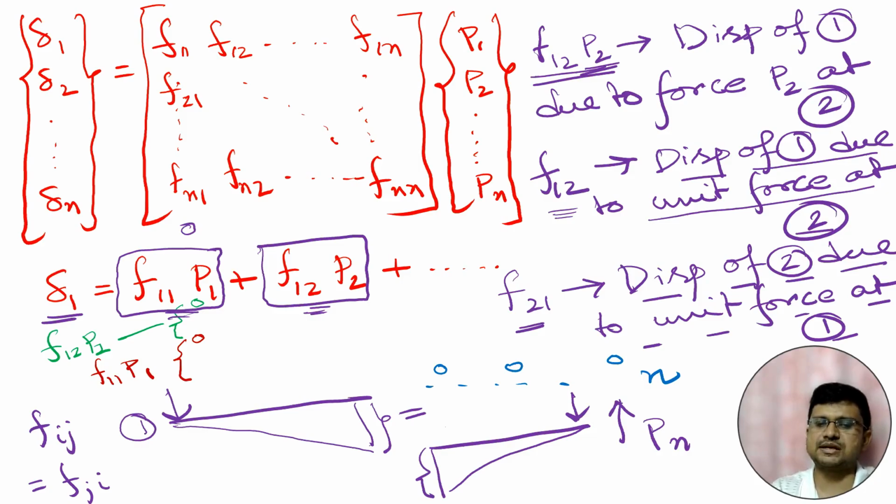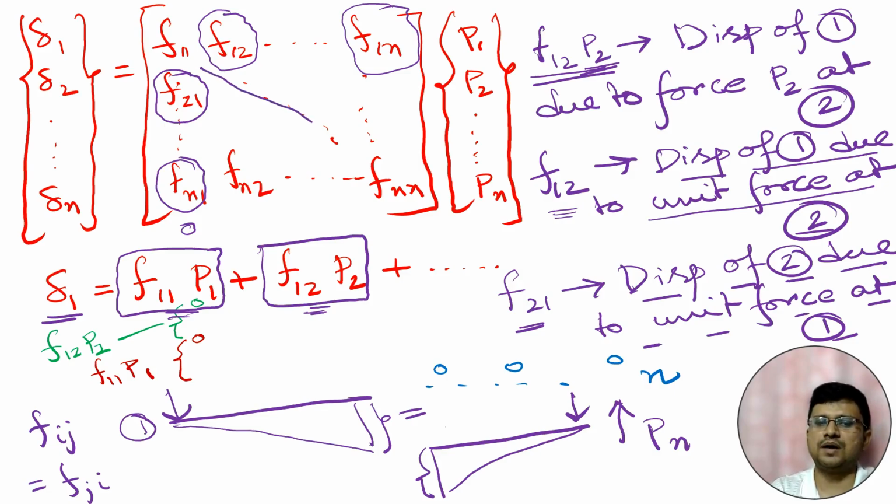So the displacement at node 2 due to force applied at node 1 will be equal to the displacement at node 1 due to force applied at node 2. These two things will be the same. So based on Maxwell's reciprocal theorem, we can say F12 will be equal to F21. Similarly, F1n will be equal to Fn1, and all these terms will be the same. So basically this matrix is a symmetric matrix.